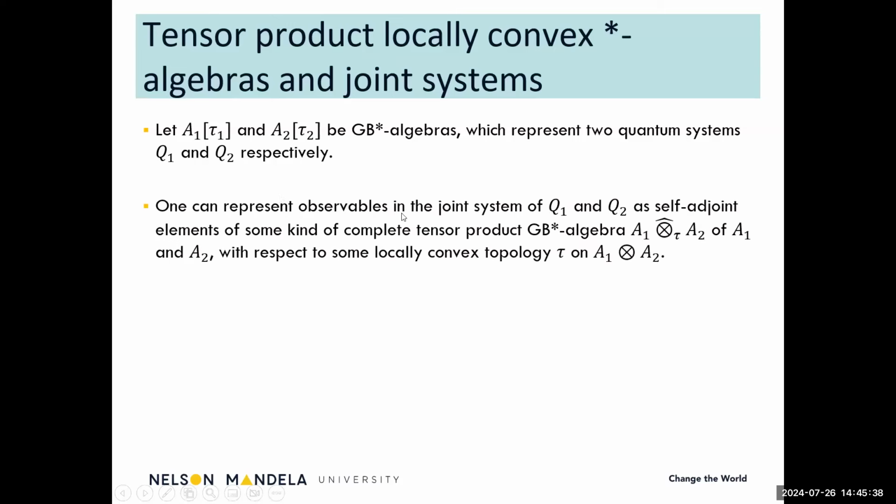Then one can represent the observables in the joint system of Q1 and Q2 as self-adjoint elements of some kind of complete tensor product GB star algebra. And that's with respect to some topology on the completion.